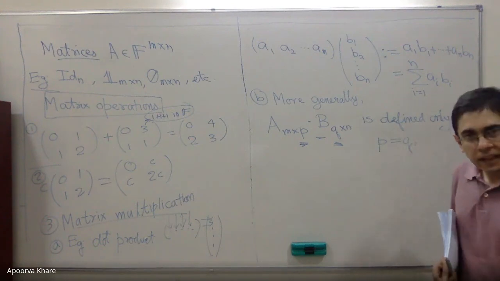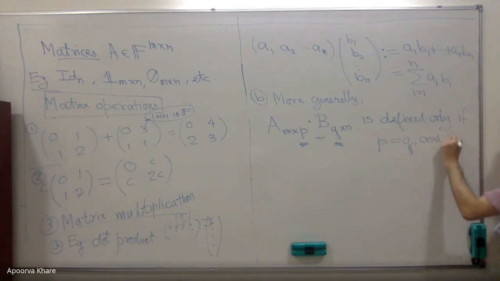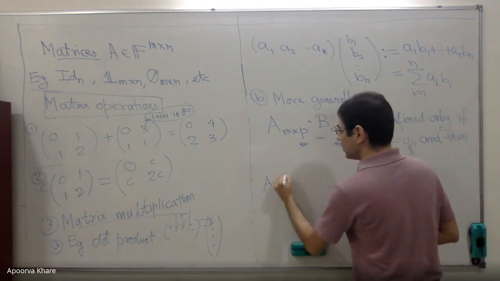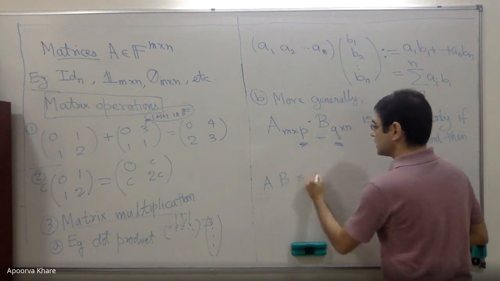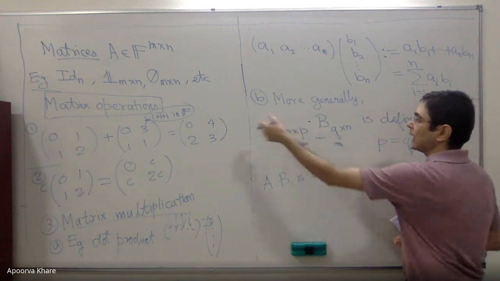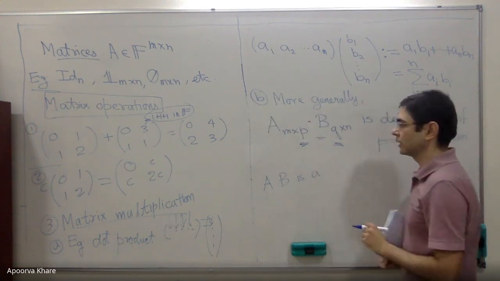And then the product is defined as follows. If p and q are equal, then every row times every column is a scalar, and that's what you put in the corresponding position.